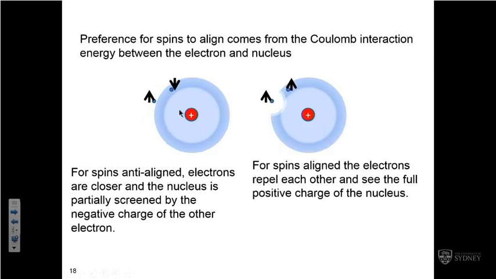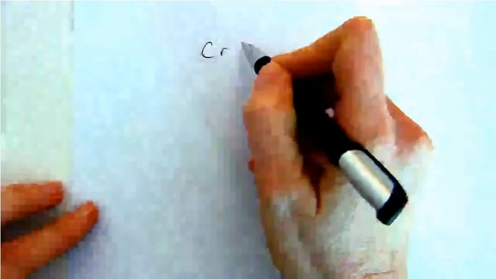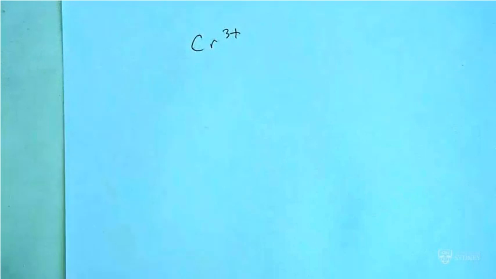So let's just do an example together. I just want to make sure you get this. So if we consider chromium 3+, so you're given that, and we have to work out the values of L and J. How do we think about it?